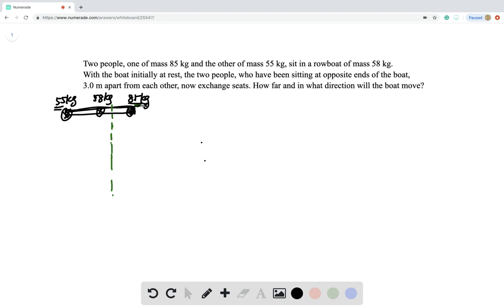So this configuration will change into 85 kilogram person here, 55 kilogram person here, and this is the 58 kilogram center of mass of the boat. So what we're asking is how much distance is between here. And this is a result of the center of mass staying stationary.